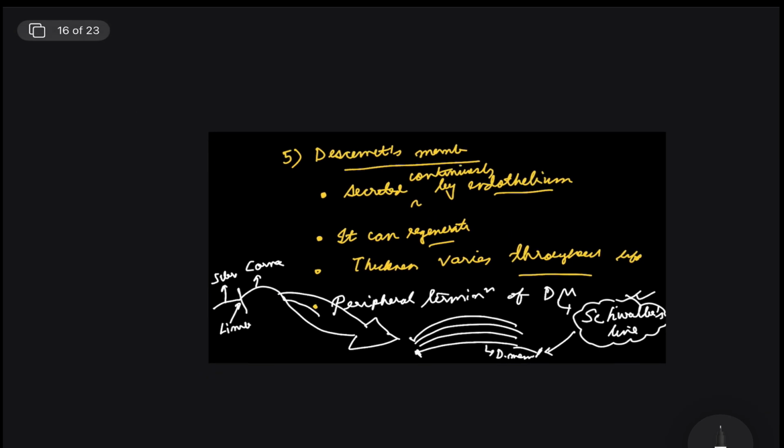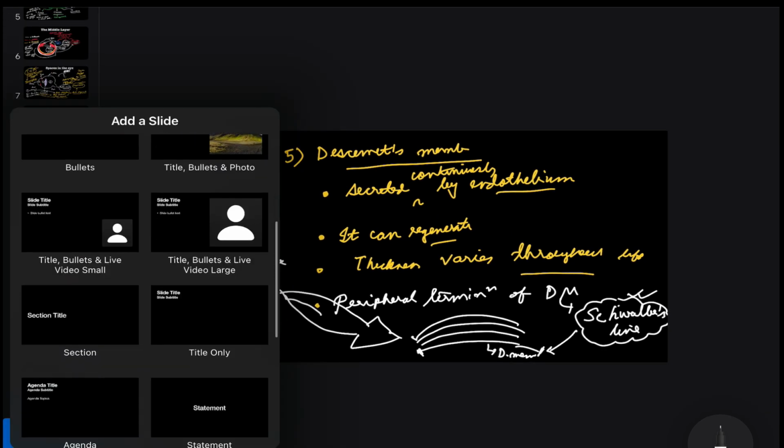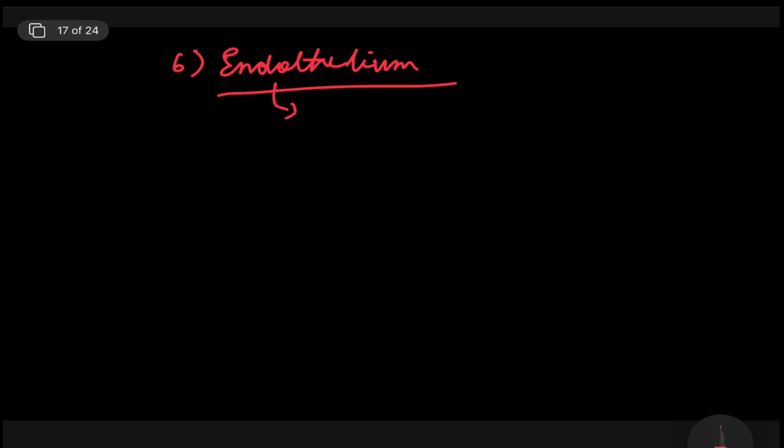Now, the final layer of our eye, or rather the cornea, is the endothelium. Again, endothelium has a host of information to offer us. This is the final layer, and we already know that the endothelium continuously secretes the preceding layer, which is Descemet's membrane. Now, endothelium is first of all a single cell layer.